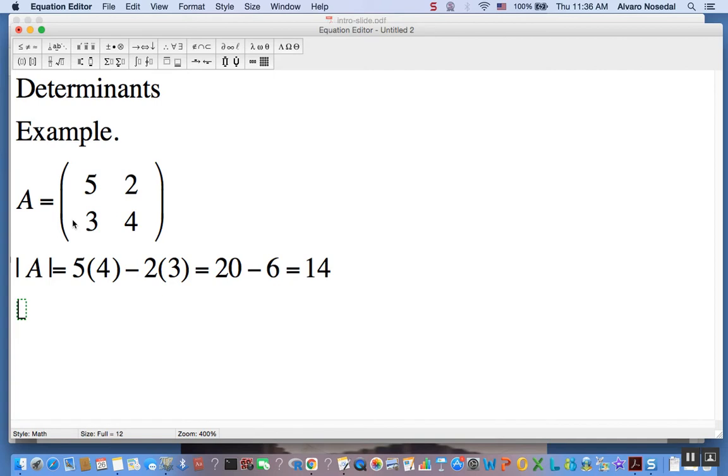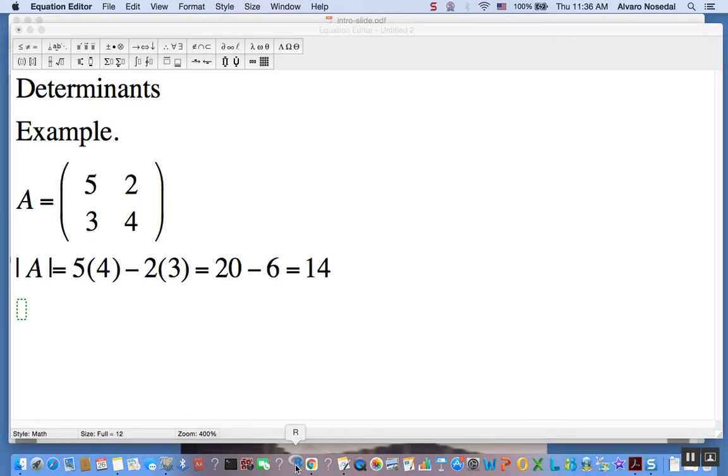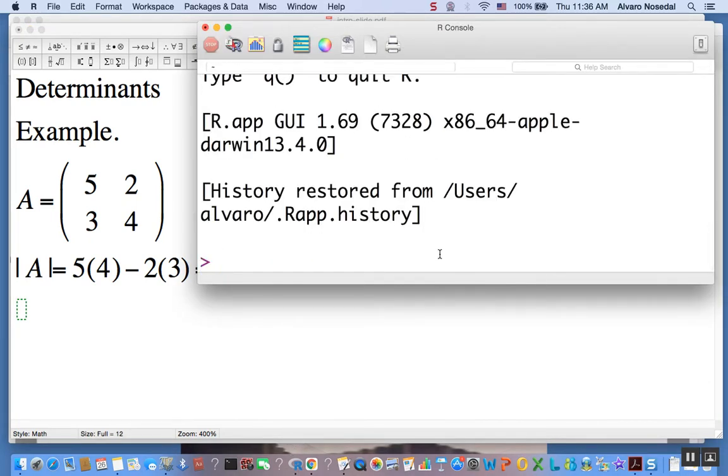Okay, next let's find out how we can compute determinants using R. Let's launch R. Now remember what we did when we discussed matrix addition and matrix multiplication. The first step was defining your matrices. It's going to be the same in this case.